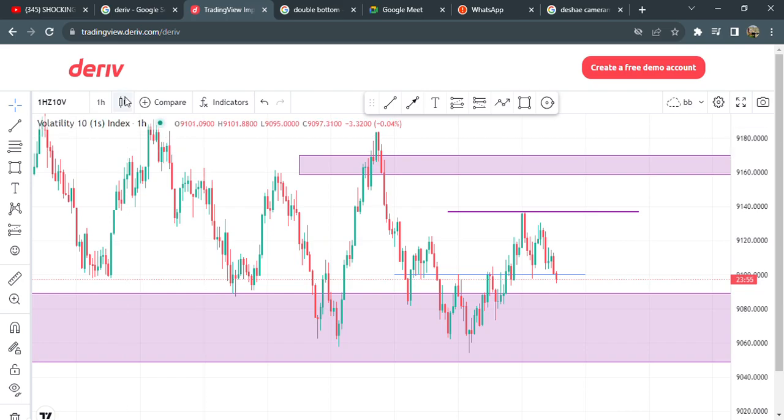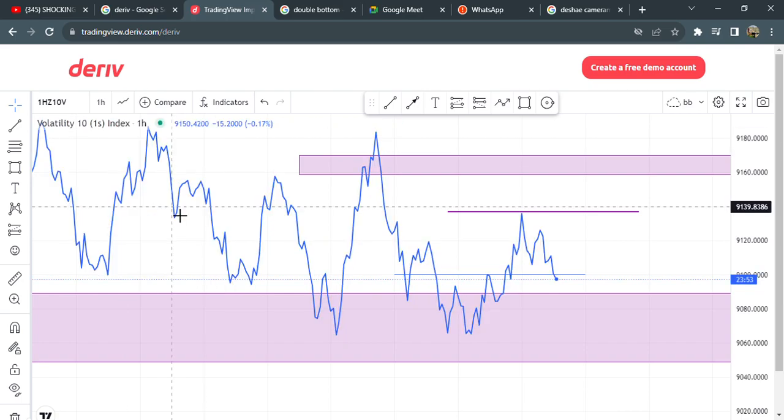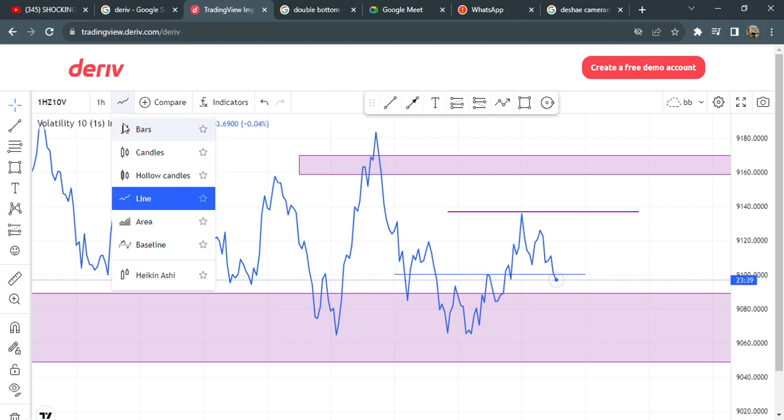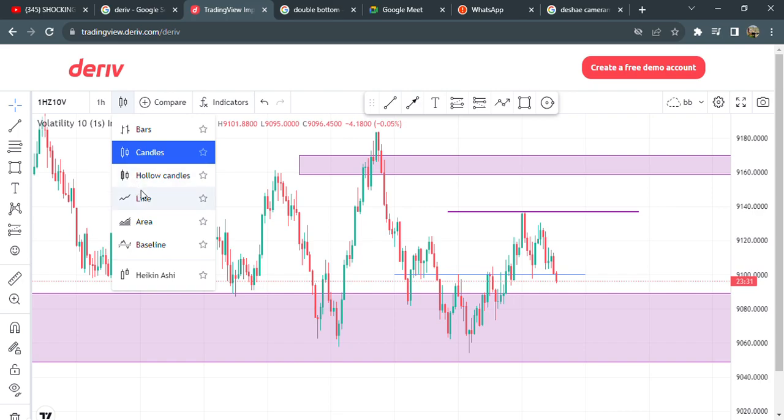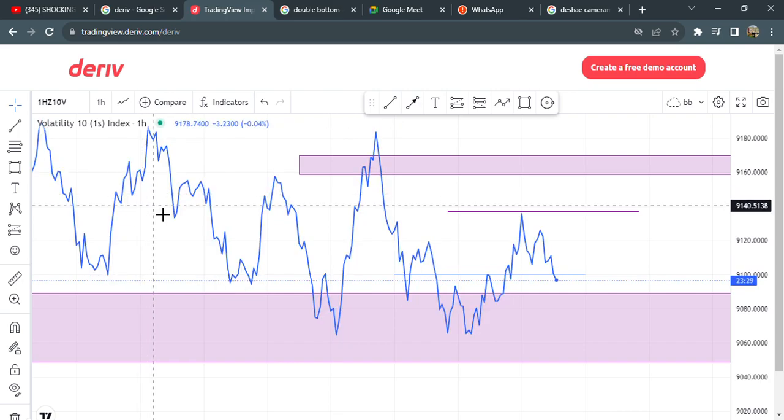But when I change it maybe to the line graph, you can see it from here. I could have drawn a neckline, that design, line graph.